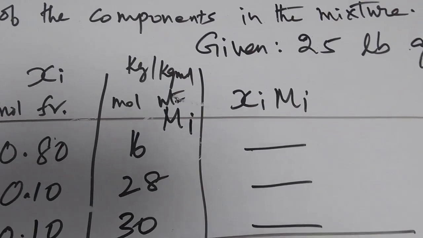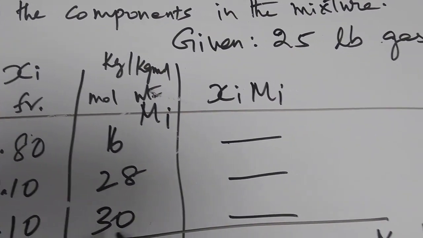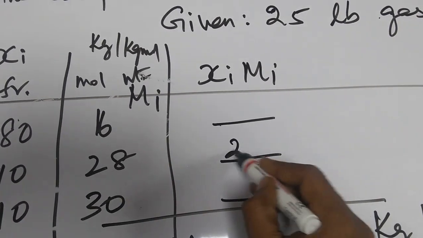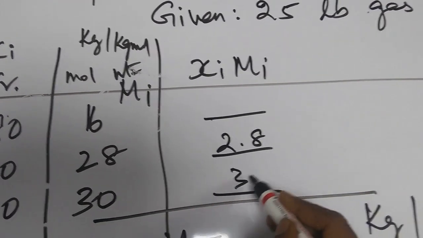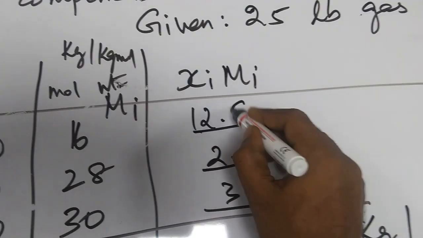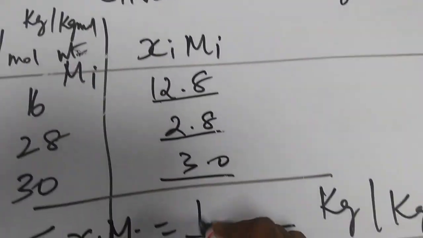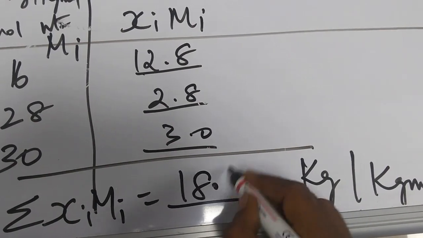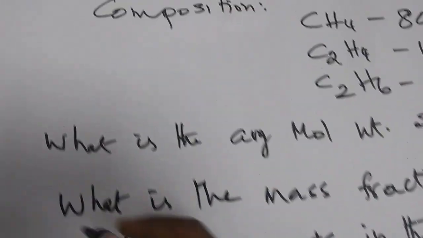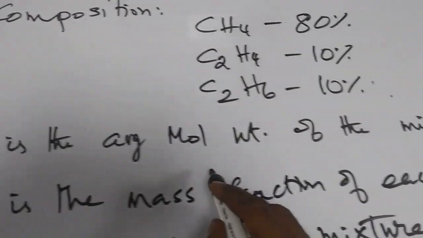16 into 0.8, 28 into 0.1, 30 into 0.1. This you can write directly: 12.8, 2.8, 3.0. The summation of these three, we get 18.6 kg per kg mole. So that is the answer for the first part. What is the average molecular weight of the mixture?